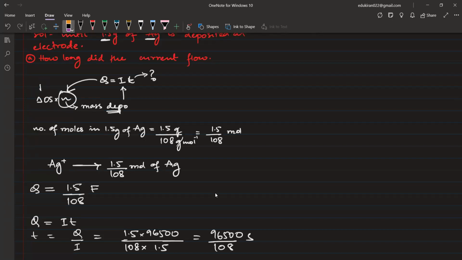That is your Q, and Q is equal to IT. If you plug in the Q and I, you will get the seconds. I think this will be somewhere around 890 seconds. It should be very near to 900, kind of very close to 900.